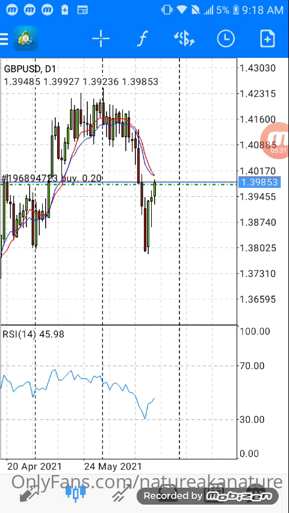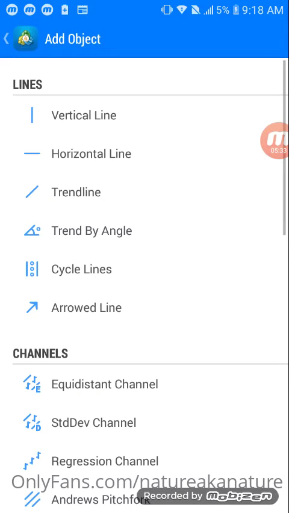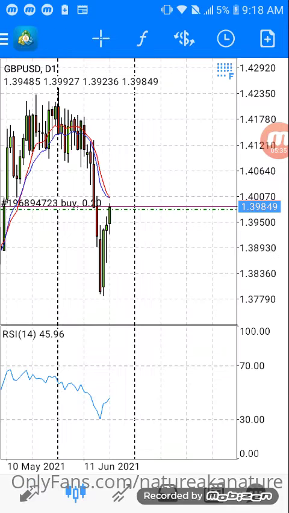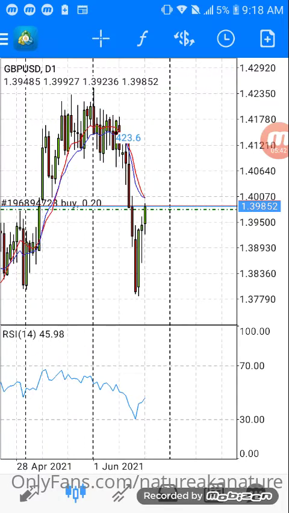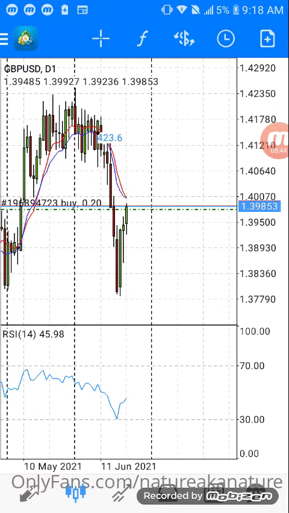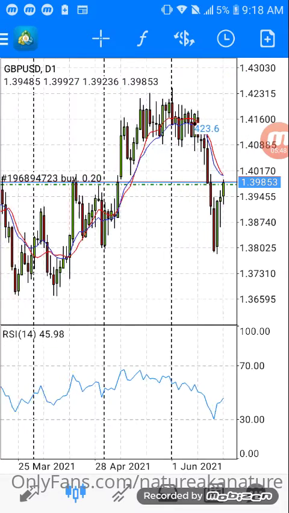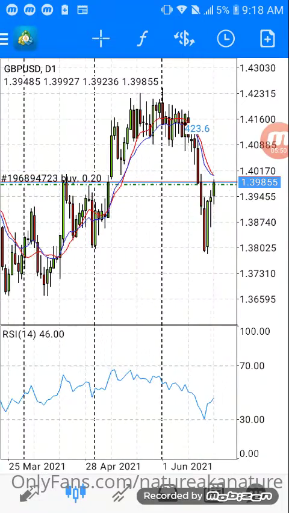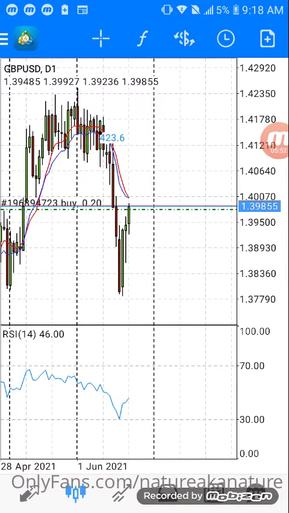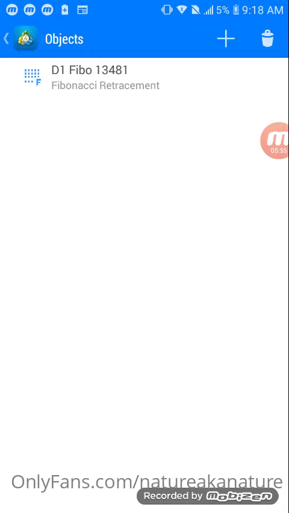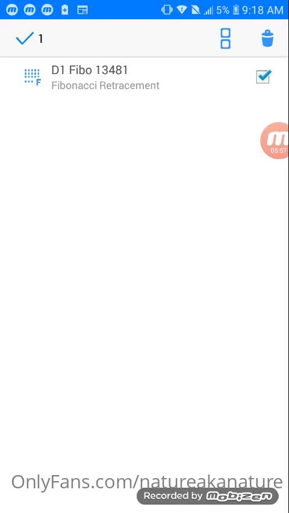Real fast, I'll draw it. Remember the last one was in a downtrend, so keep that in mind. We're going to draw from the swing high to the swing low, as soon as I can get this on here.